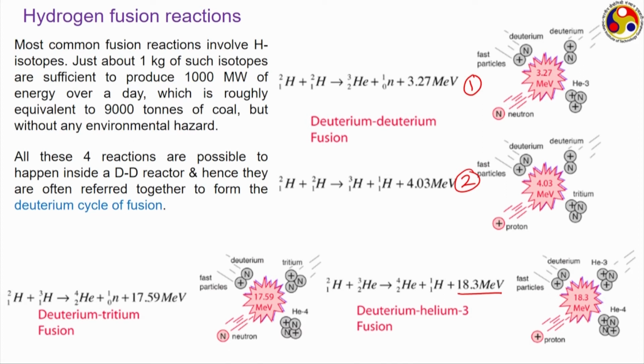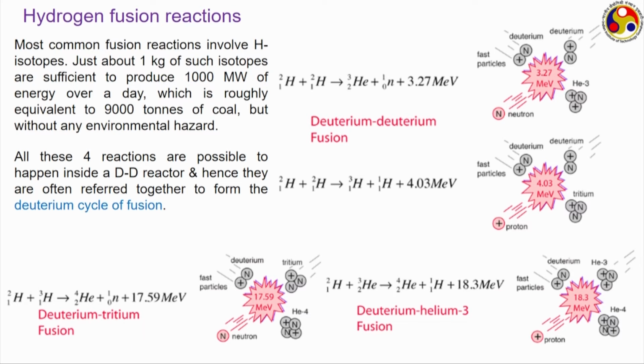But once we have the products from reactions 1 and 2 available, reaction 1 giving you helium 3 and reaction 2 giving you tritium, then we can also have reaction 3, which is a DT reaction involving deuterium and tritium, and equation number 4, which involves deuterium plus helium 3. So, all these four reactions are put together to get what is known as the deuterium cycle of fusion.